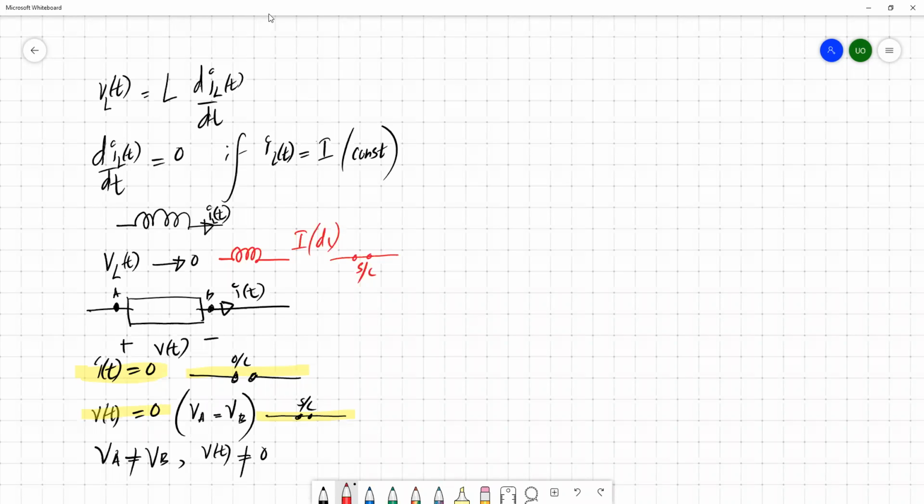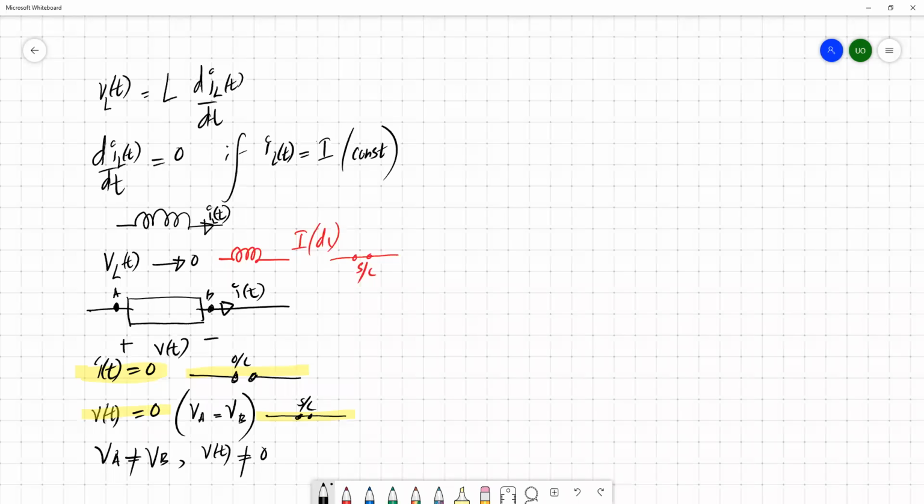For constant values, either for a capacitor or an inductor, the derivative would be zero. Then the induced quantity, either the current for the capacitor or the voltage for the inductor, is definitely zero. Based on that, we conclude that a capacitor acts on DC quantities as an open circuit element and an inductor acts on DC quantities as a short circuit element. This is the conclusion we made.